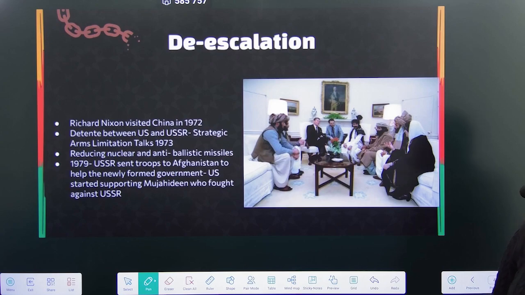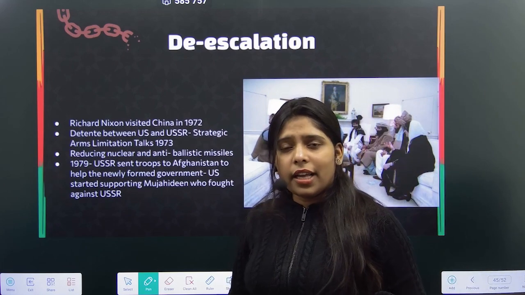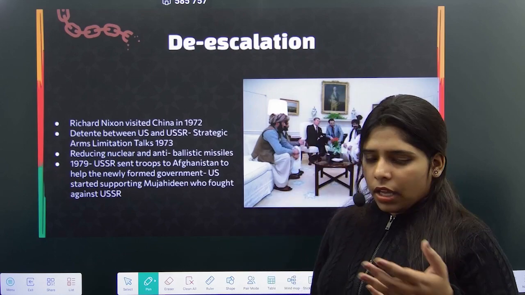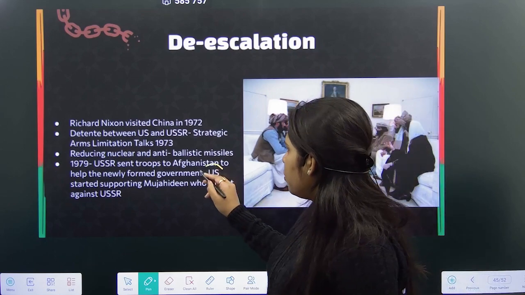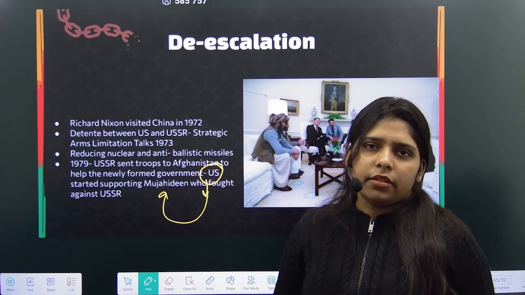But then again, we saw a glimpse of something rising when the USSR sent troops to Afghanistan to help the government. The USSR sent them to help the government, to support communism, but the US started supporting the Mujahideen who fought against the USSR. So basically, Russia was doing its own thing. It wasn't doing anything against America, but the US jumped in to do something against the USSR and supported the Mujahideen.